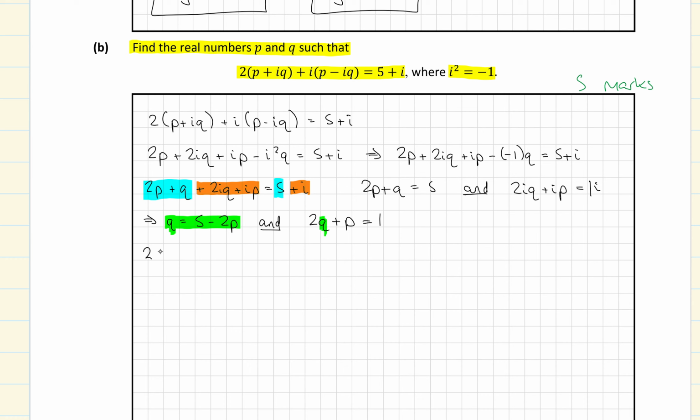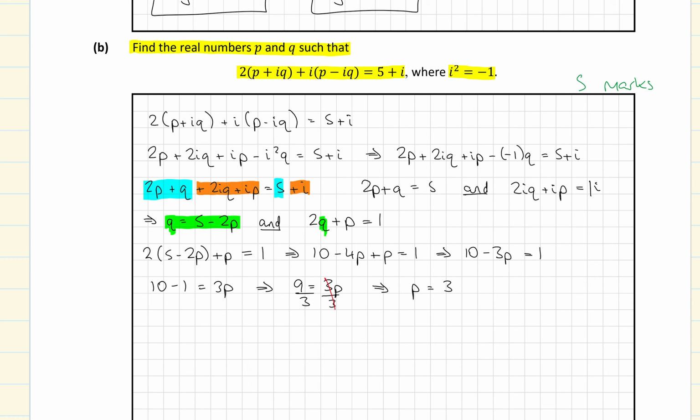So we get 2 times 5 minus 2p plus p equals 1. 2 5s are 10, 2 2s are 4, plus p equals 1. So 10 minus 3p equals 1. 10 minus 1 equals 3p. 9 equals 3p. Divide both sides by 3. And we get p equals 3.